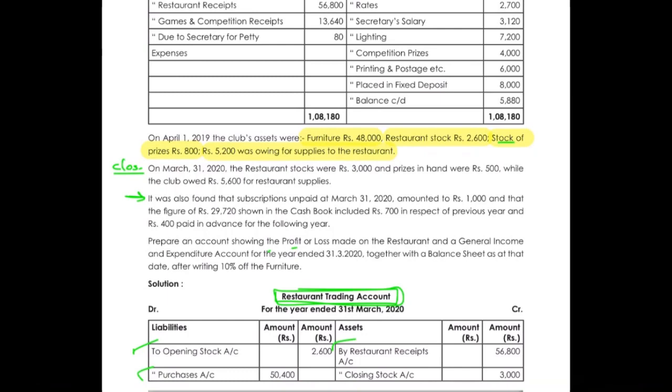It was found that subscription unpaid on 31st of March 2020 amounted to rupees 1,000, and the figure of 29,720 shown in the cash book includes 700 in respect of previous year and 400 paid in advance for the following year. Okay, that is again something which is relating to the closing one. So let's consider this later on. But can we calculate some information from this? Yes or no?